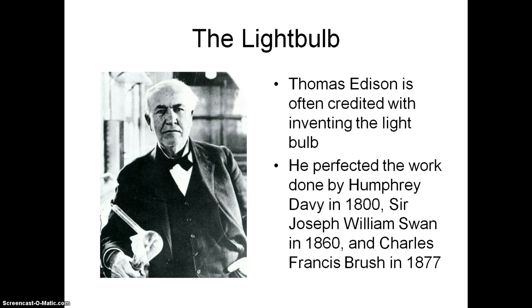And lo and behold, if you don't have oxygen, you can't burn anything. So the first one he came up with, that incandescent bulb burned for 40 hours, which was longer than anybody else had managed. And he eventually took that and made changes in the filament and stuff like that to make a light bulb that lasted 1,500 hours. Now we are in the realm of usability.